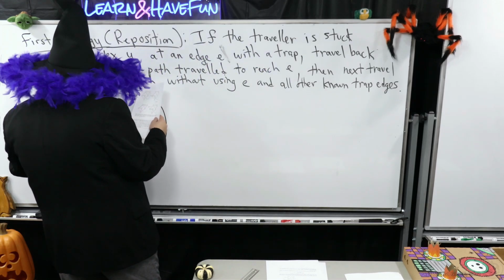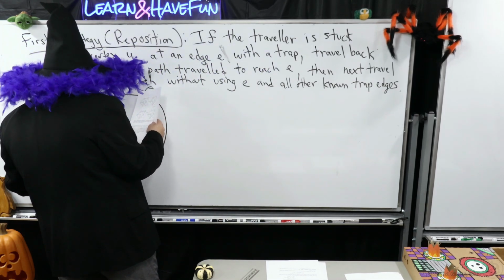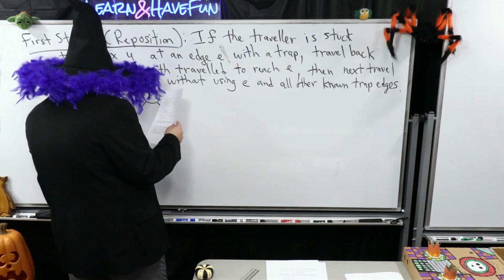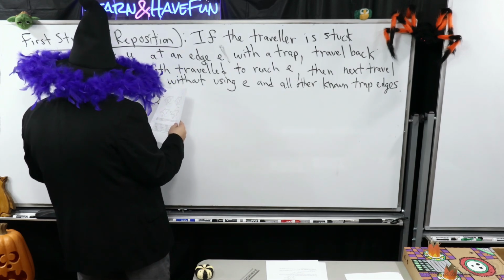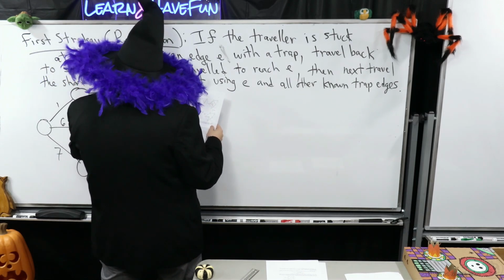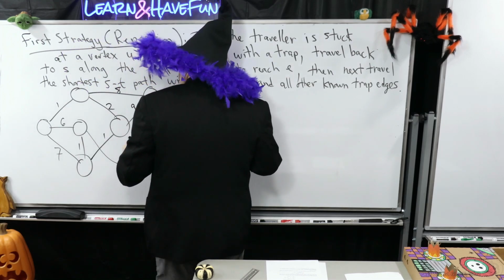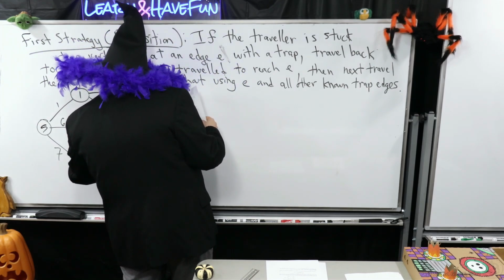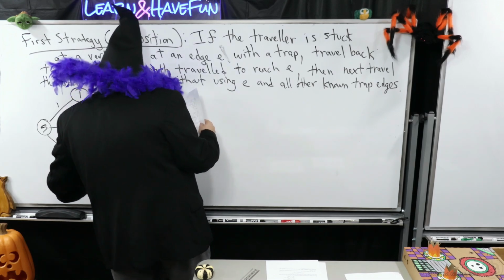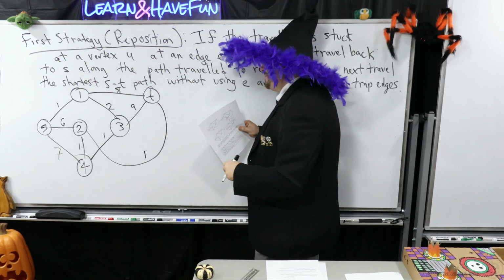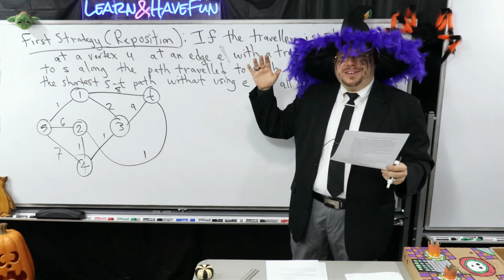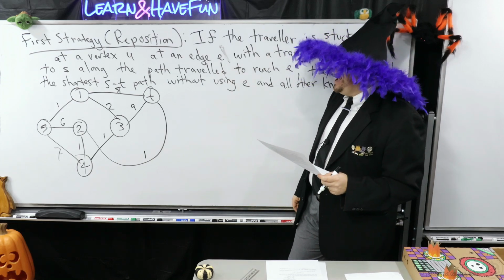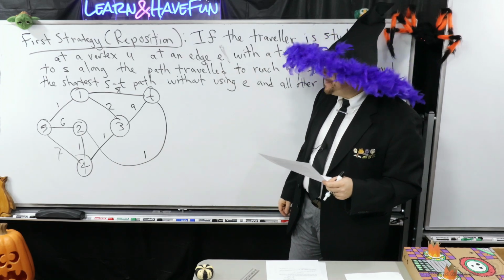We got 1, 6, 7, 1, 1, 1, 2, 9, and 8. Got to label the vertices as T, 1, 2, 3, 4. Okay, so now we're going to try using the reposition strategy to get an ST path.